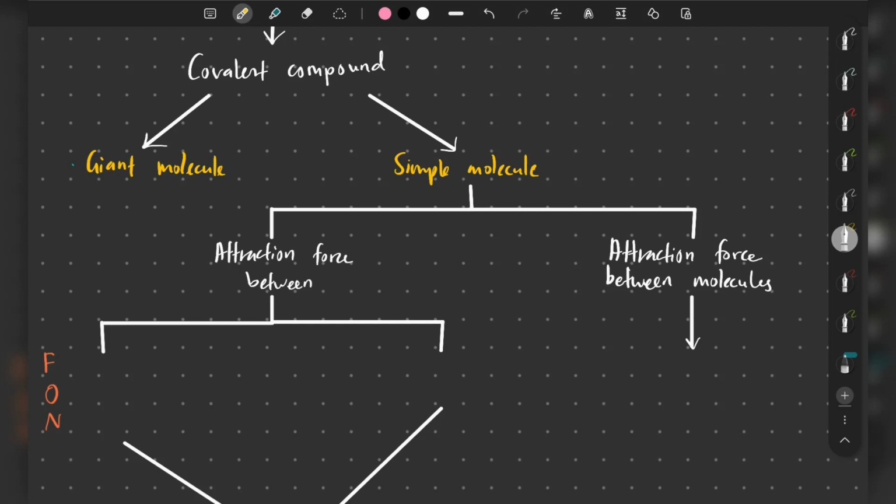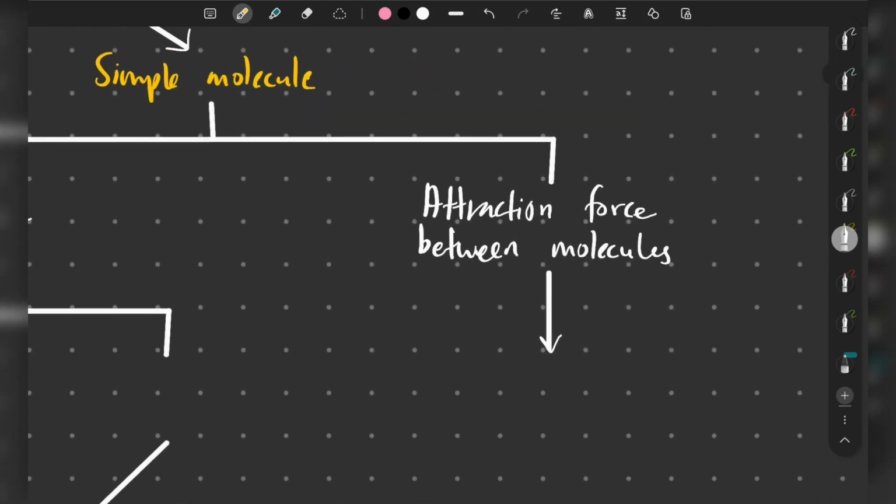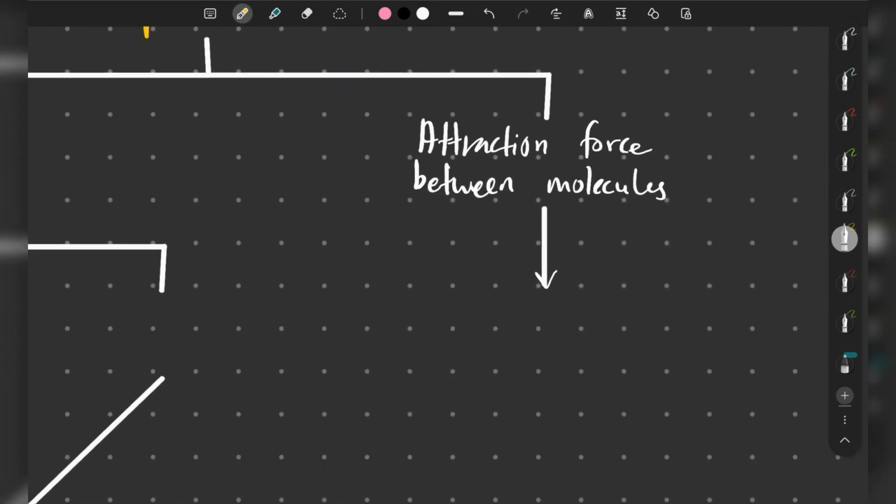So simple molecules have two attraction forces. The first one is the attraction force between molecules that we call van der Waals force.